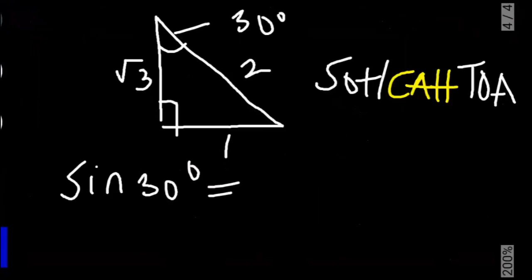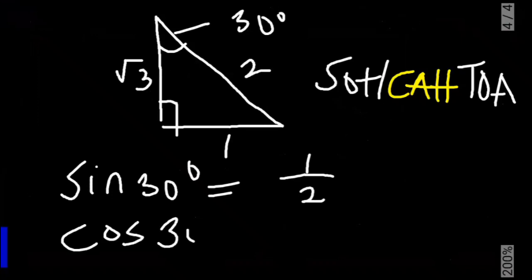The same thing also applies to angle 30. Sine 30 degrees would be opposite over hypotenuse. The opposite here is 1 and the hypotenuse is 2. Cos 30 degrees would be adjacent over hypotenuse.